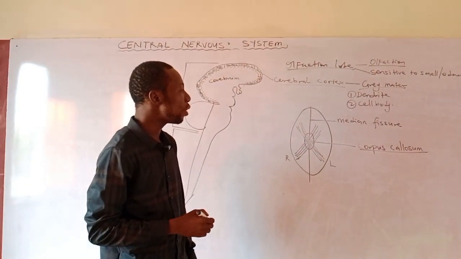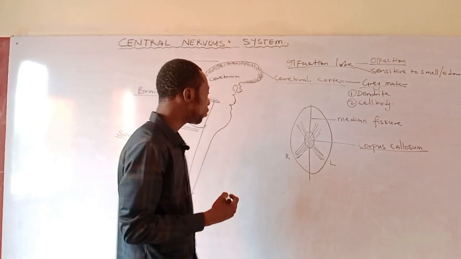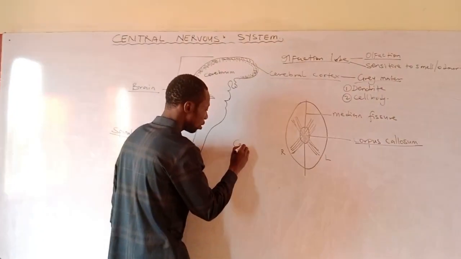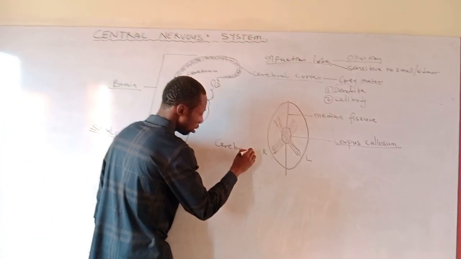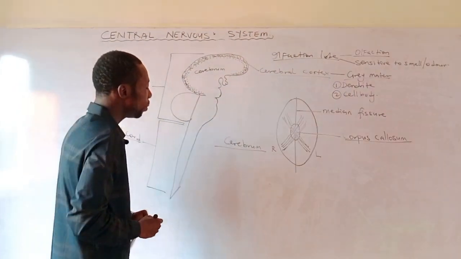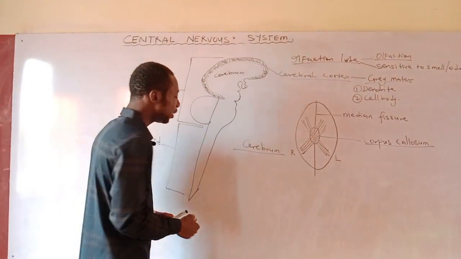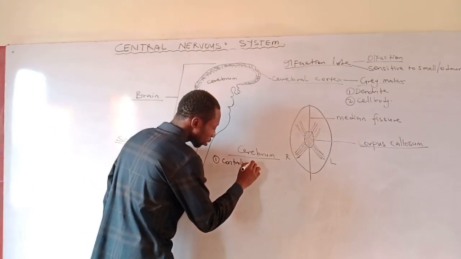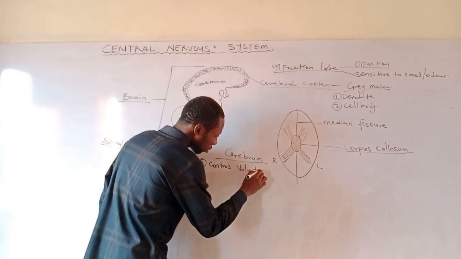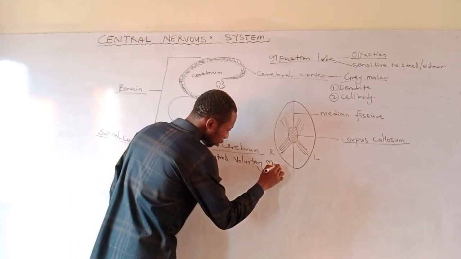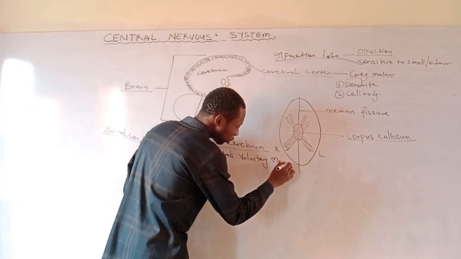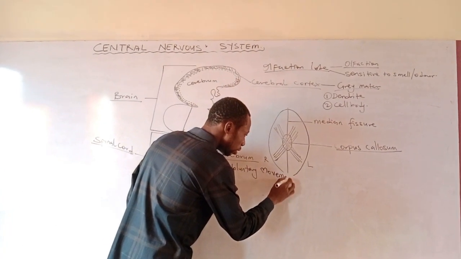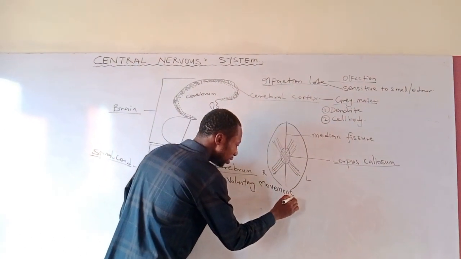Okay, so now we are going to look at other functions of the cerebrum. The major function of the cerebrum is that it controls voluntary movements.